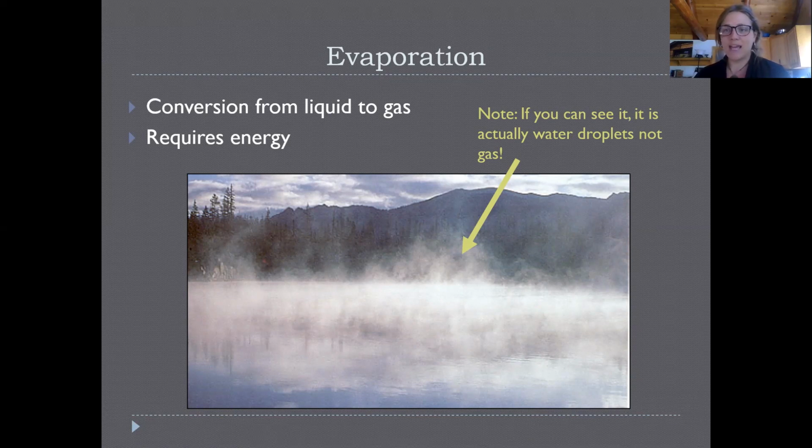This is a little bit counterintuitive to some students who are first learning about evaporation because they think that we need to heat things up, hot things are evaporating. And that's true. We're putting energy into a system to get the water to evaporate, but the water itself is actually stealing energy from the environment to allow that to happen. And in some cases, actually leaves the environment around it cooler than when it left. Actually, in all cases, it does that.